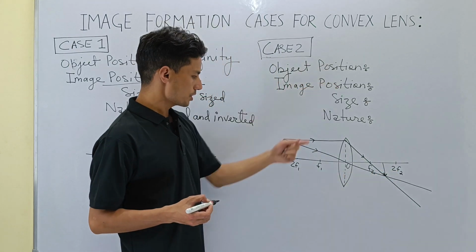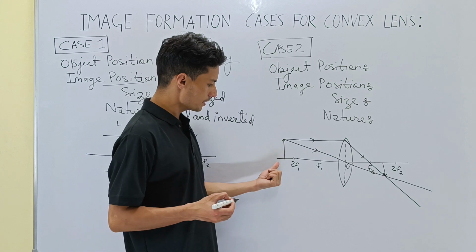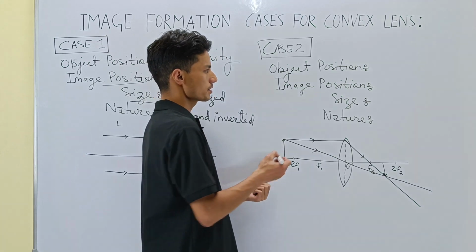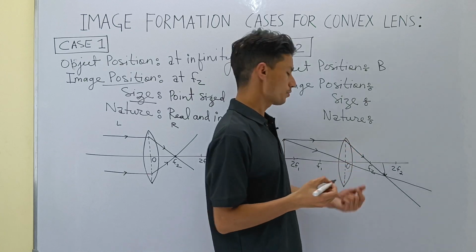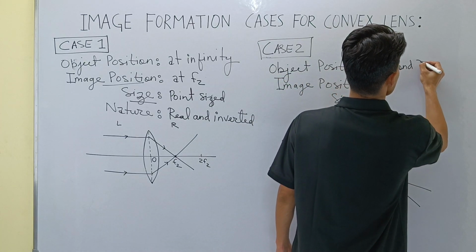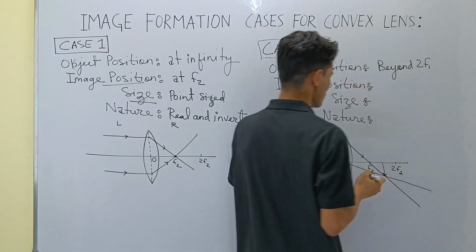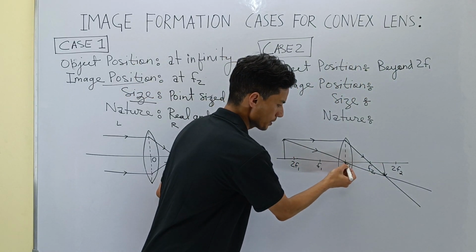So where is the object position? Let's write it now. The object is behind 2f1. Sometimes in the textbook it's written beyond 2f1, so we can write beyond. Beyond 2f1 means the object is kept beyond. Remember, we start our measurement from here.